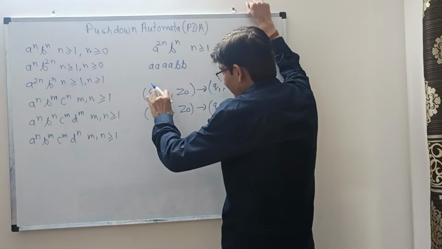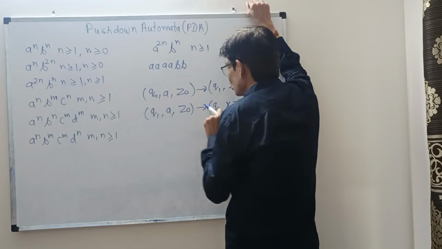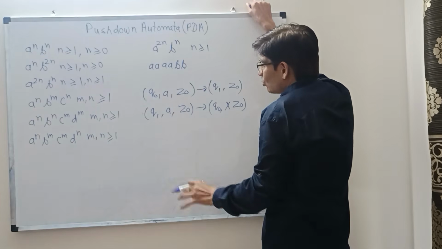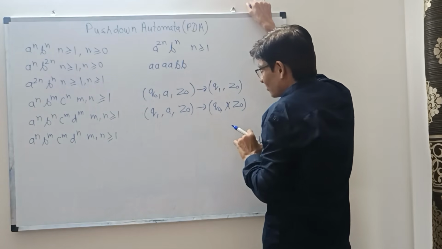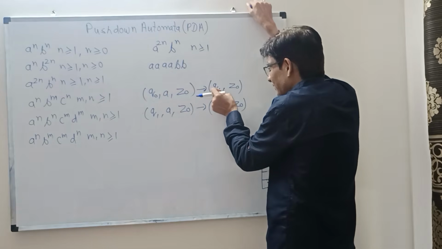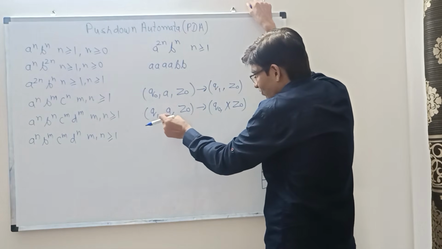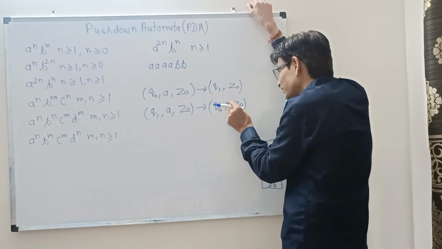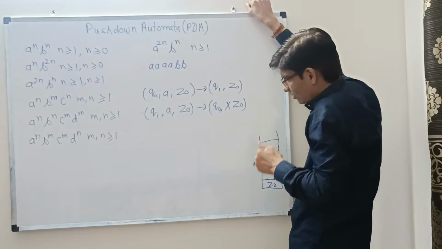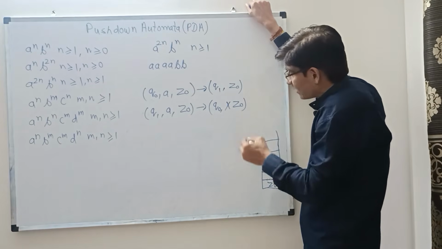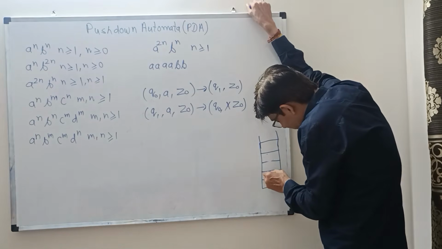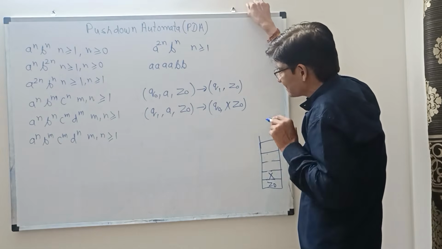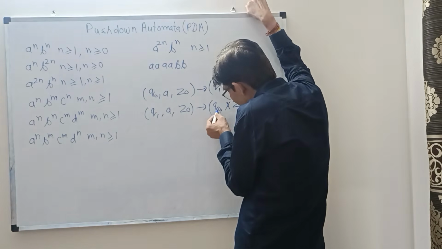Now we have read the first pair of A's. For the first A, we changed only the state, and for the second A, we went back to the initial state and pushed one X into the stack. Now, when we have another pair, after reading 2 A's, we have pushed one X into the stack. Now we are on Q0 again.